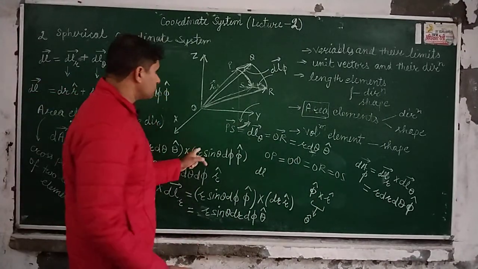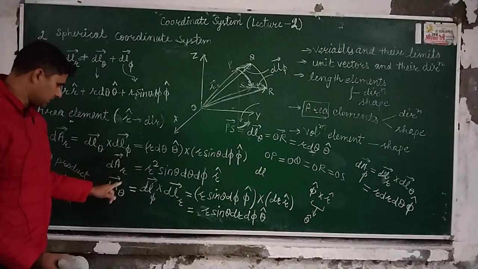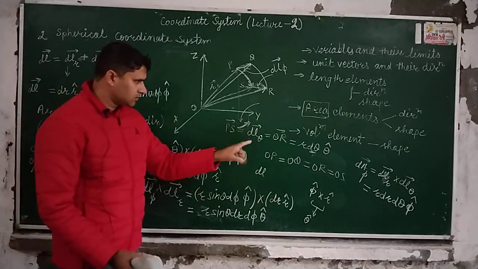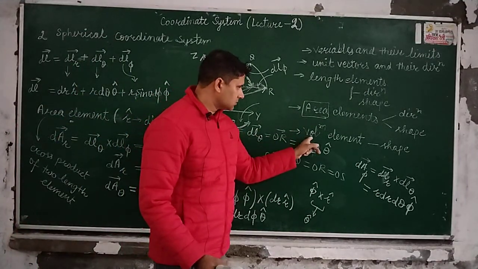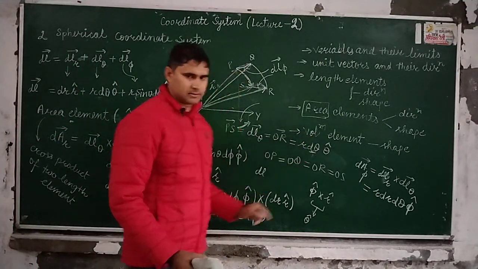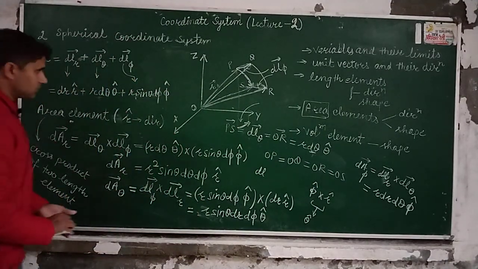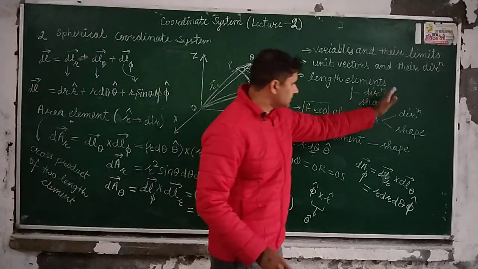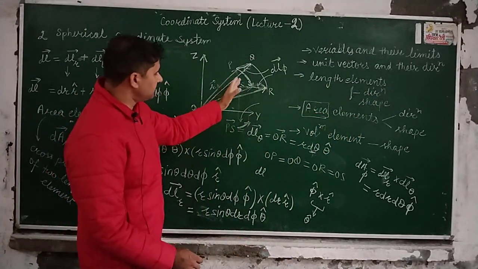So class, now we are to take the idea of the direction of dA r, dA theta and dA phi. That I will give you when we discuss volume element. Now we are to discuss the direction and the shape. Here you have seen that the shape is curved.